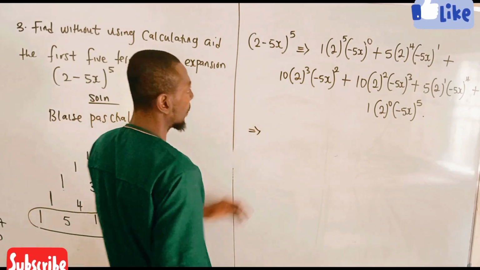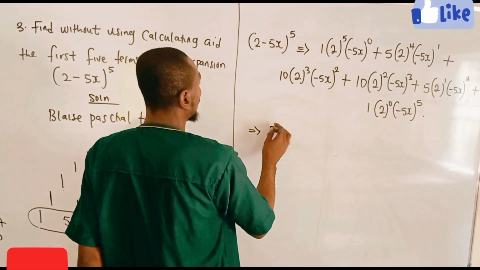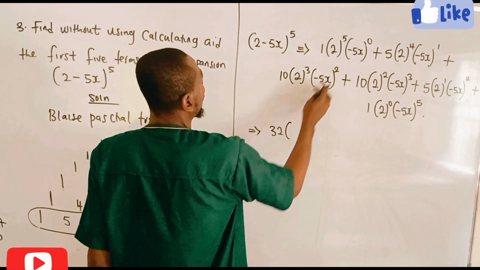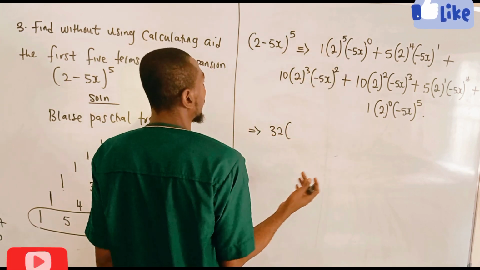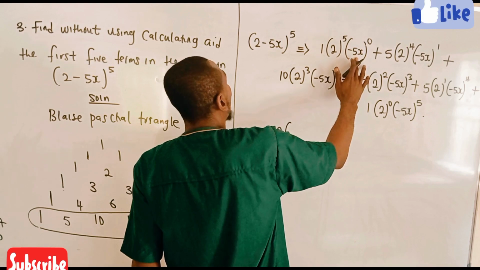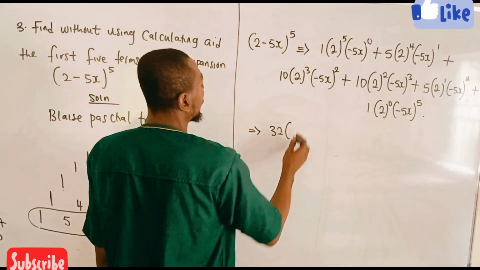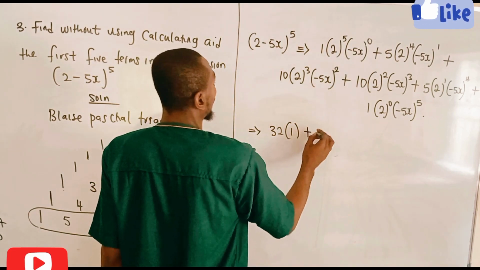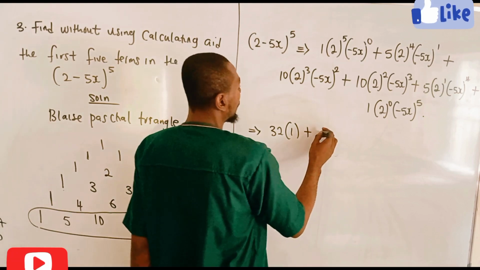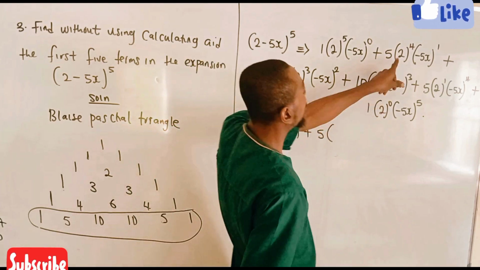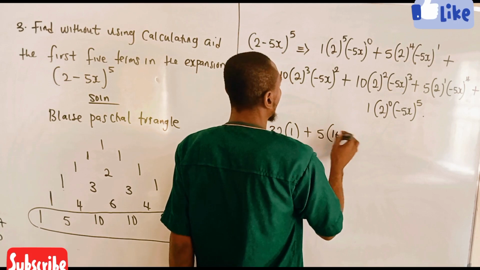This is equal to 2 raised to the power 5 is 32. 32 into, of course, 1 times 32 is still 32. Then minus 5x raised to the power 0 is what? 1. So we have plus 5 into 2 to the power of 4 is 16.